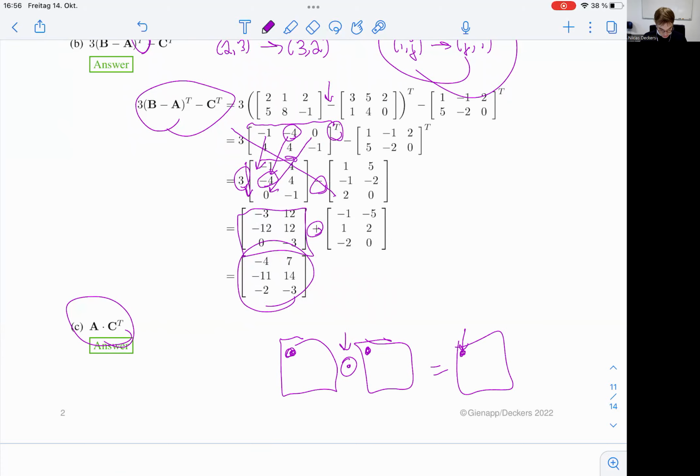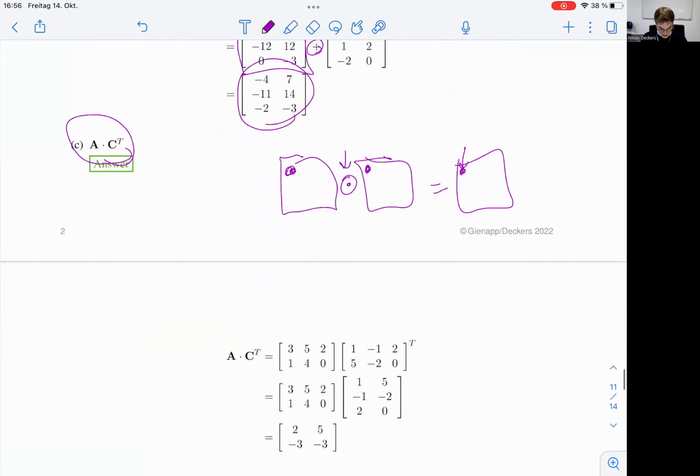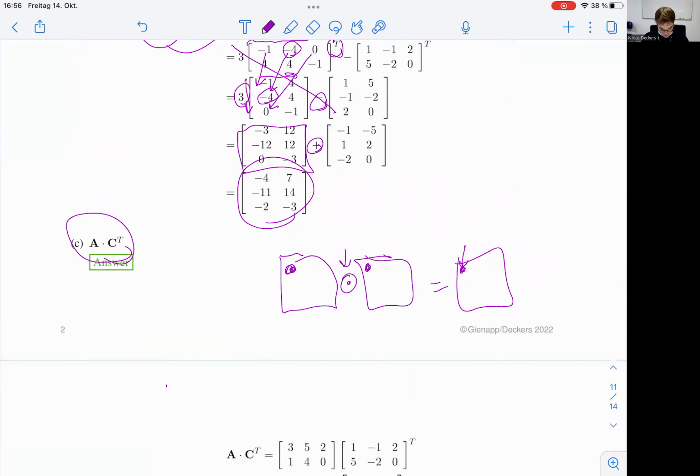But how is the multiplication of matrices defined? Well, you have one matrix and another one. And in order to compute the result at a certain location, over here, for example, you actually need to do an addition of products.